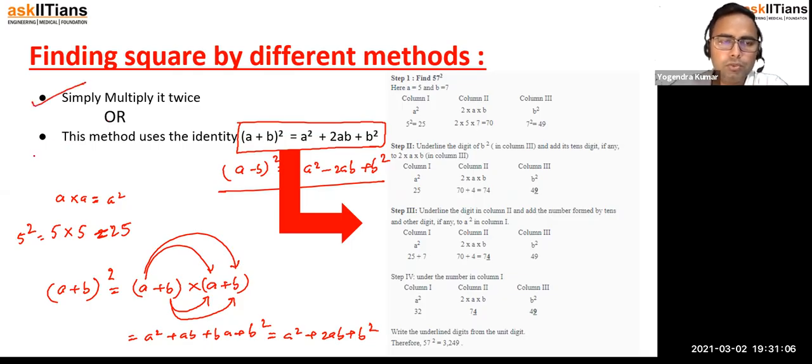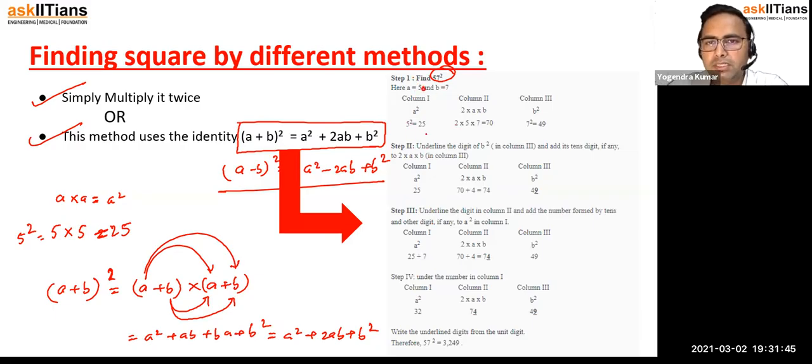So we can find squares by two methods, where we split the number into two parts and then do the square. In this example you can see they are doing 57 square. 57 is broken down as a and b, and ideally it should be 50 plus 7.